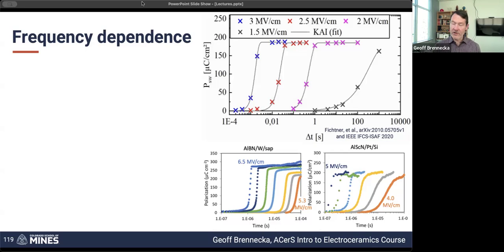So this is the year after Simon's group showed the rest of the world that aluminum scandium nitride could be ferroelectric in the first place. And they're already doing kinetic experiments on how fast those domain walls can move. And you'll see here that as you increase the voltage that's applied, the electric field, you can make that polarization transition from pointing down to pointing up or vice versa happen faster and faster and faster.